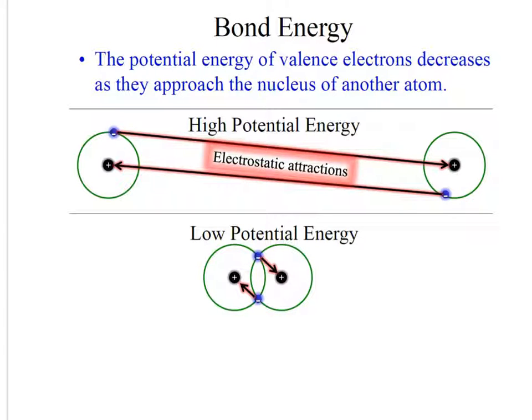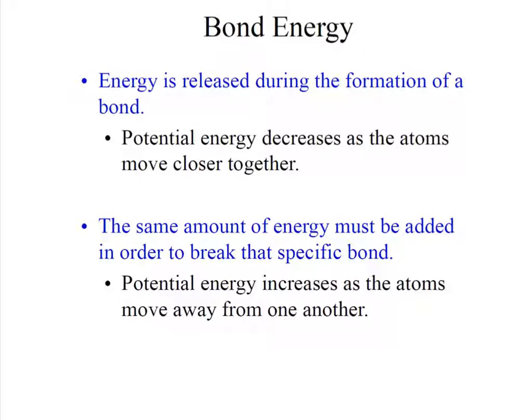All right, bond energy. This can be thought of in terms of gravitational potential energy. Like a rock on top of a cliff has lots of potential energy. Its potential energy decreases as it falls. The rock's potential energy is at a minimum at the bottom of a cliff. So energy is released during the formation of a bond.